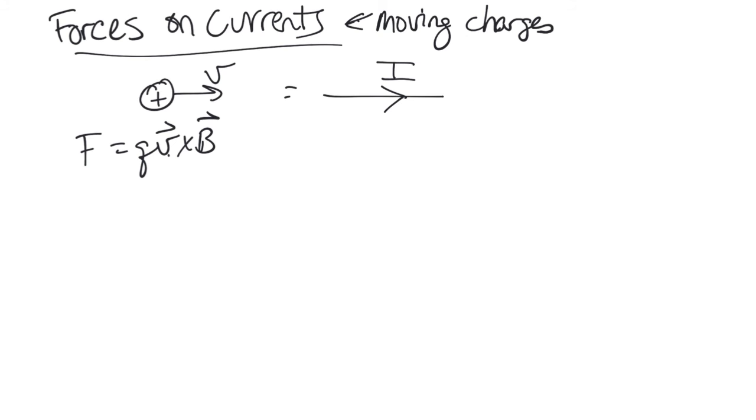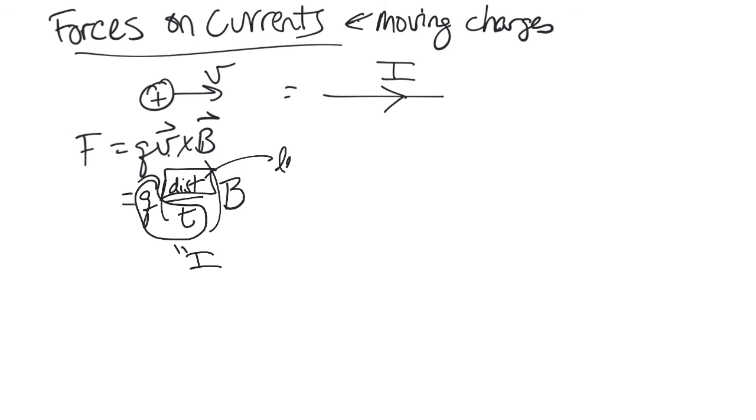So if I wrote this as Q and then the distance traveled divided by the time, that's Q over t, that's I, right? And then that distance is sort of a length of wire.